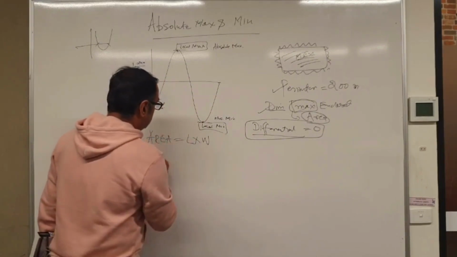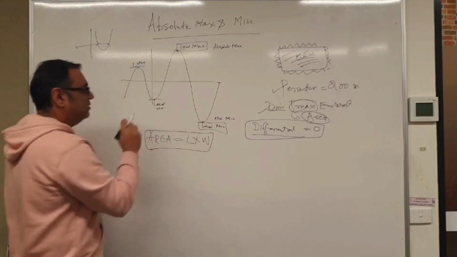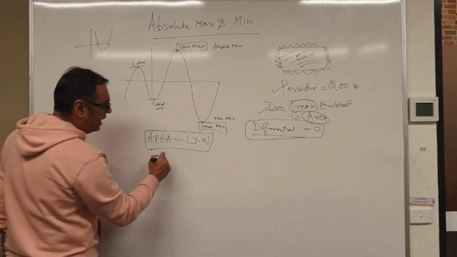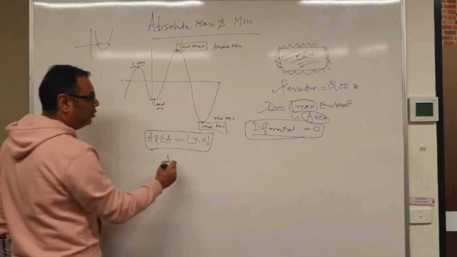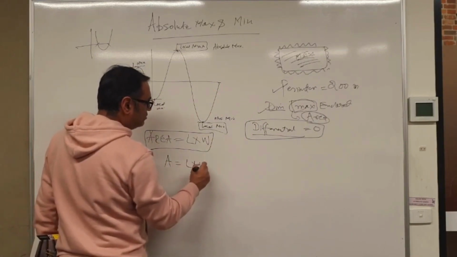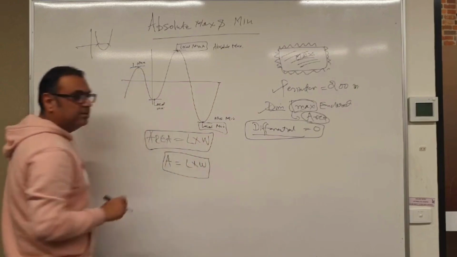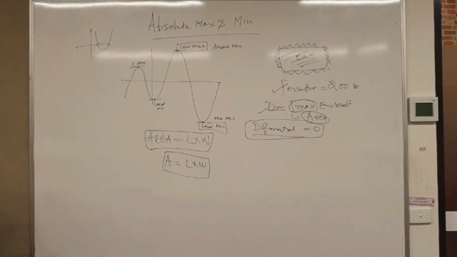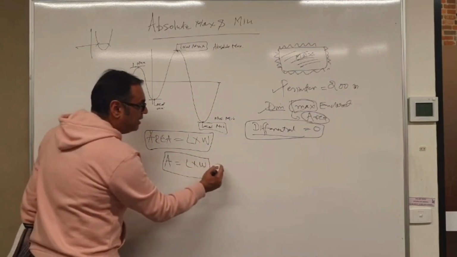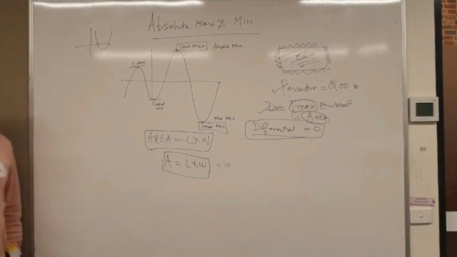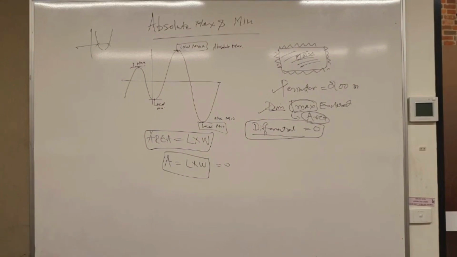Now, let's say area be A equals length times width. I need to find the differential of this area and equate it to 0. What is the next step? What will I do next?